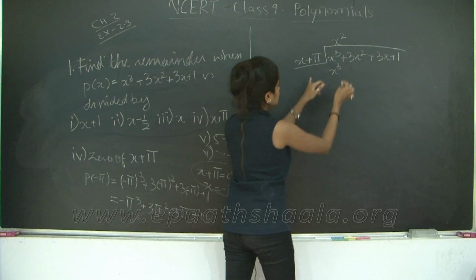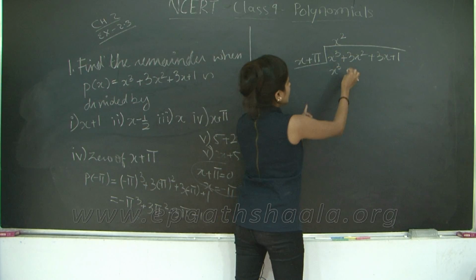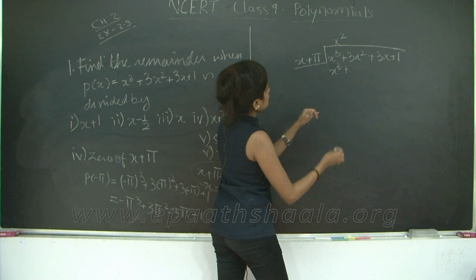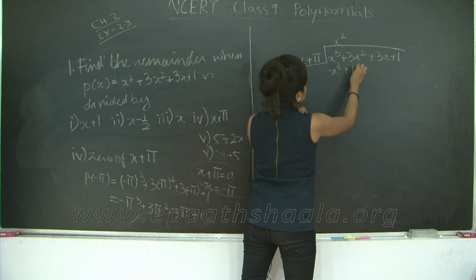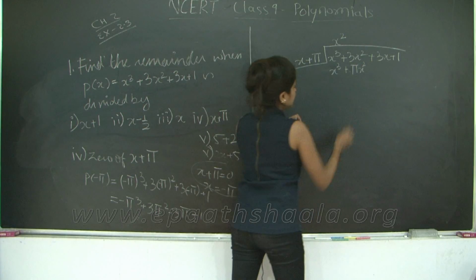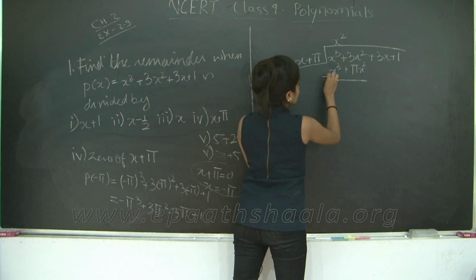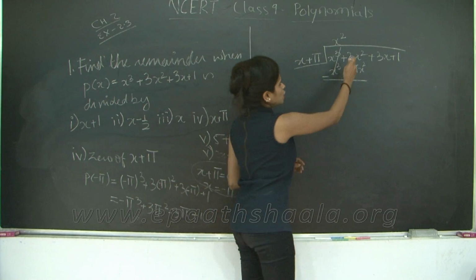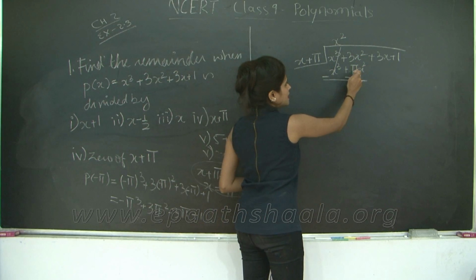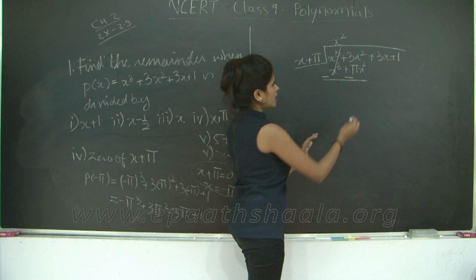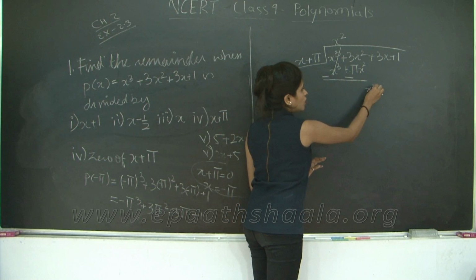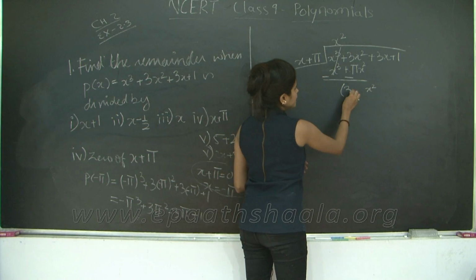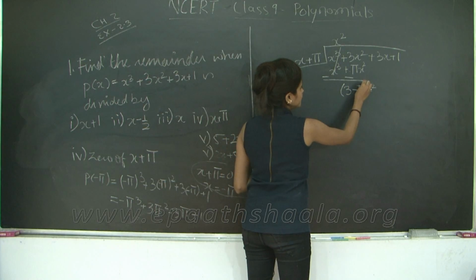So x cube plus x square into pi will give me plus pi x square, right? I subtract this, the x cube term gets cancelled out. Now you have 3x square plus pi x square minus pi x square. I need my x square as the common term outside, and inside I leave 3 minus pi, right?